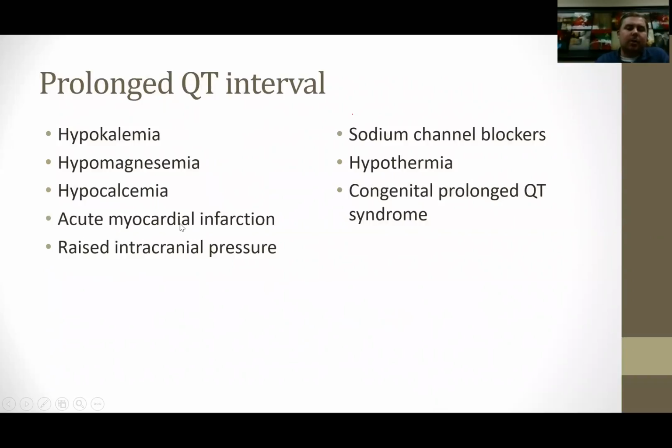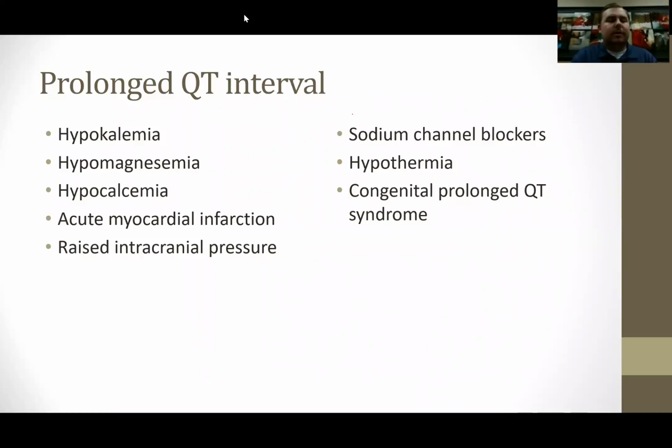Myocardial infarction is going to prolong the QT. Raised intracranial pressure, if you have a really huge T-wave inversion, that's going to prolong the QT. Sodium channel blockers, hypothermia, and then some people just have congenital prolonged QT syndrome. Two of these are not like the others.